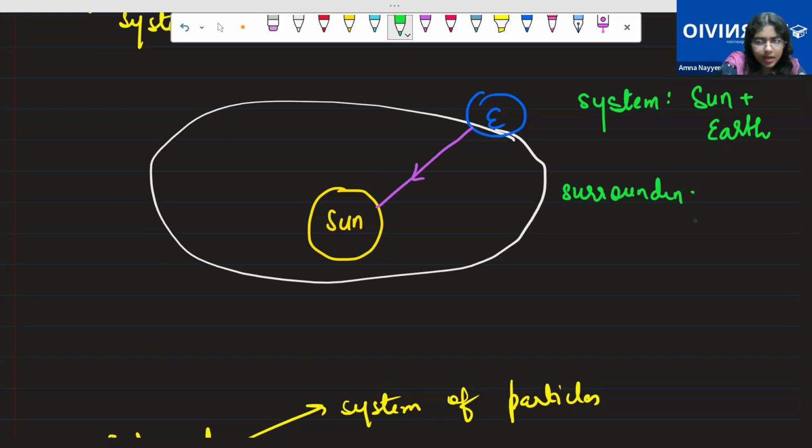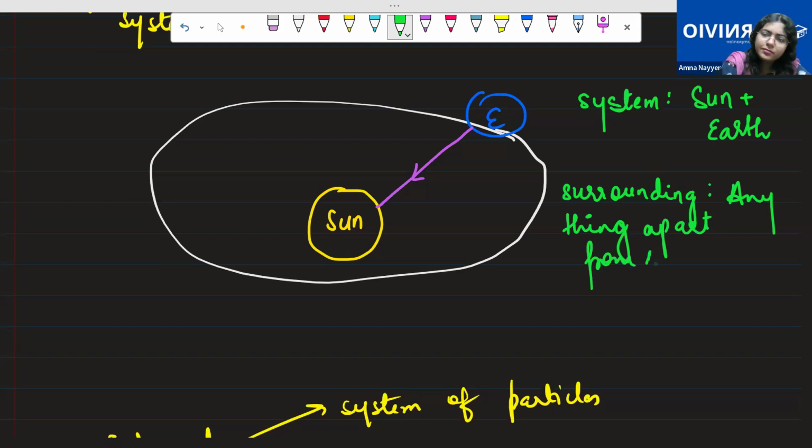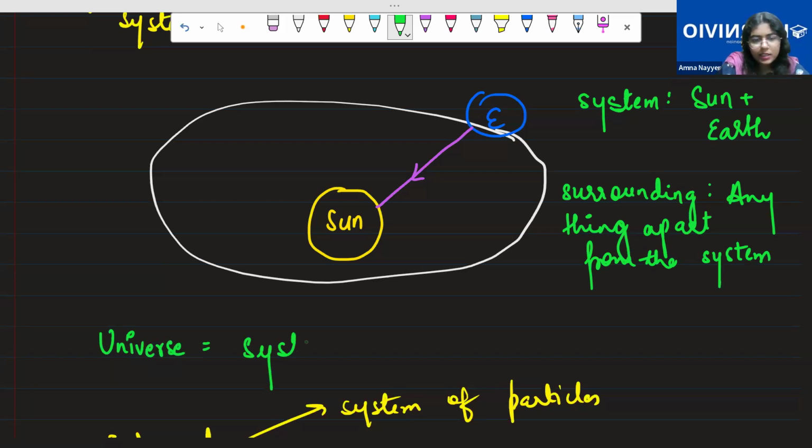The surrounding means anything present except the system. If I consider the surrounding and the system, total will make up the universe. So the universe is equal to the system plus the surrounding.